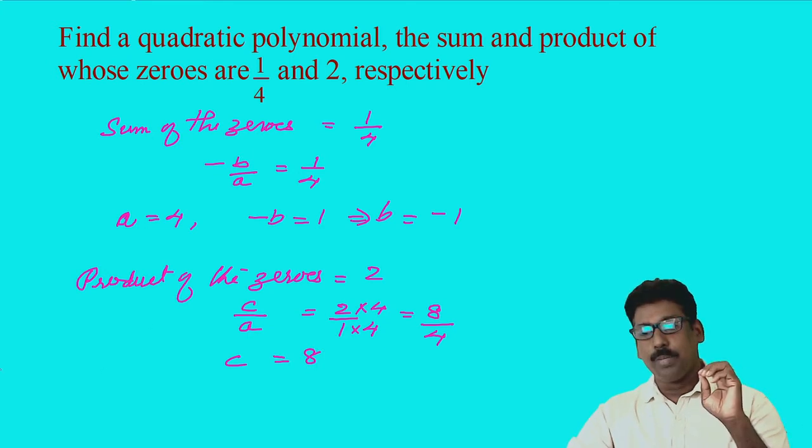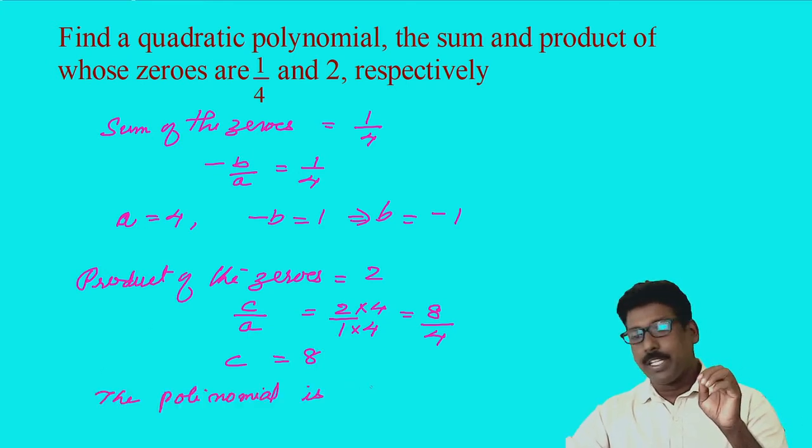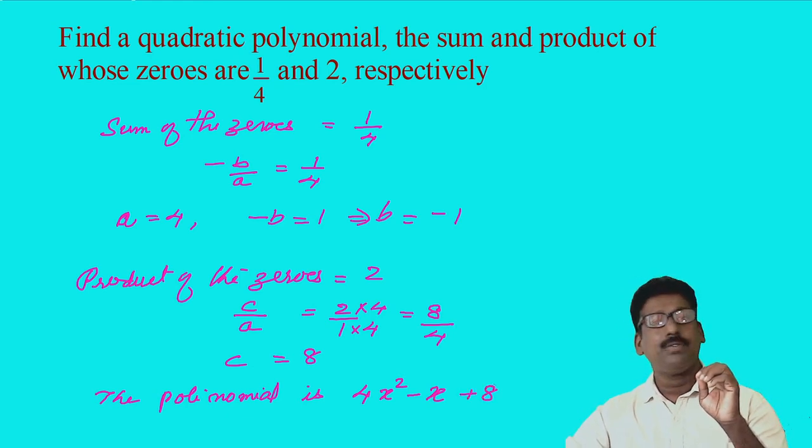Therefore the polynomial is a you can take it as 4, therefore it is 4x square. b you can take it as negative 1, so negative 1x, that is negative x, plus c you can take it as 8. So 4x square minus x plus 8 is the required polynomial.